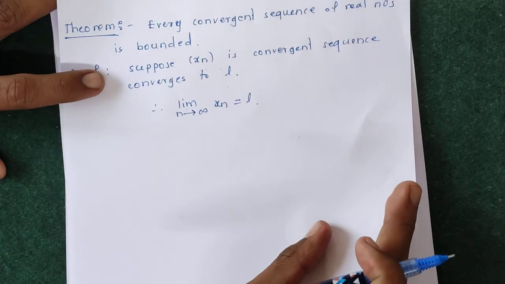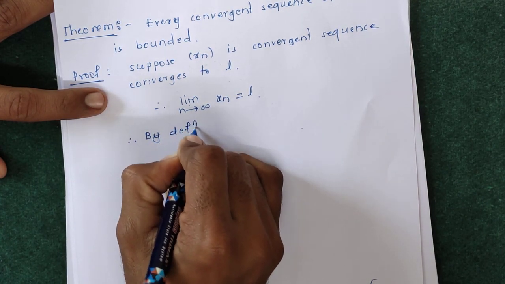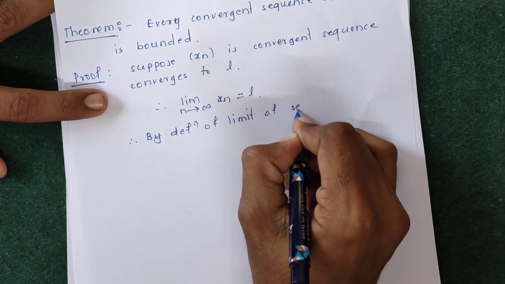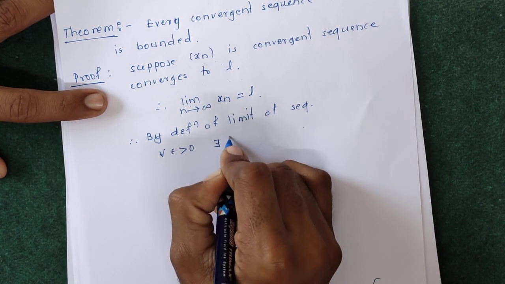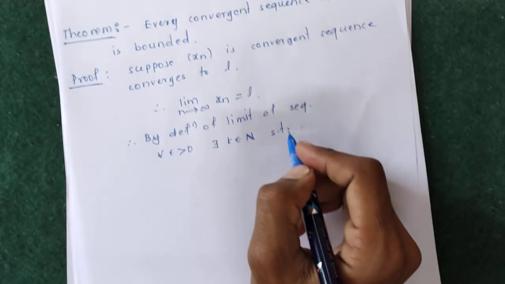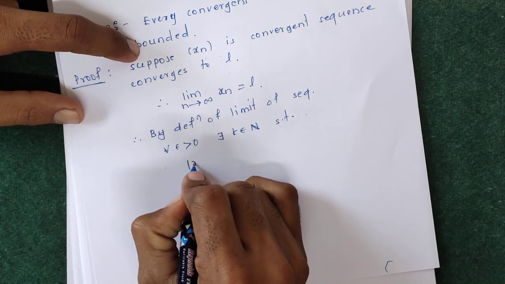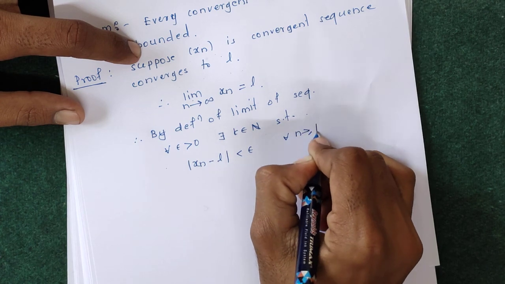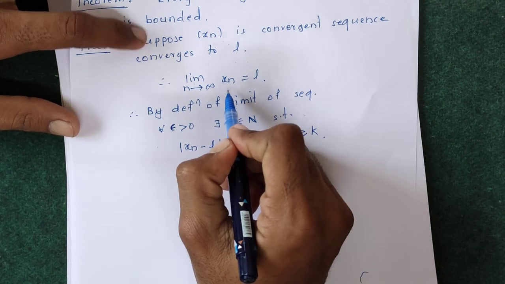Now by using the epsilon definition of the limit of a sequence, we can write: for all epsilon positive there exists some k belonging to the natural numbers such that mod of xn minus L is less than epsilon for all n greater than or equal to k. Since the sequence is convergent, this limit exists.